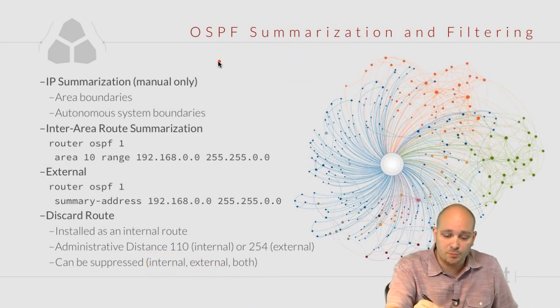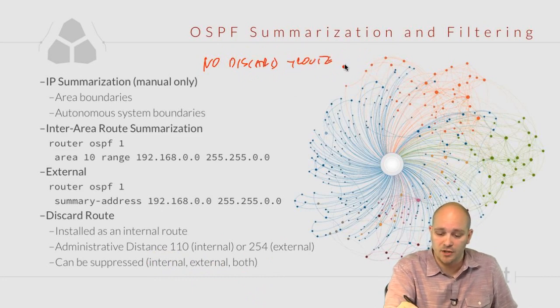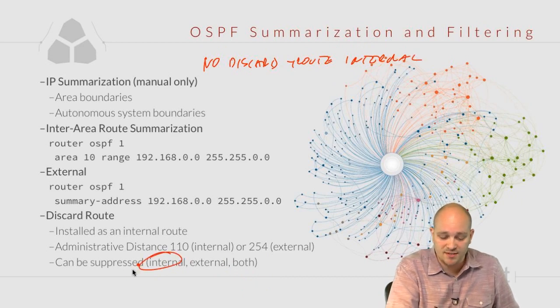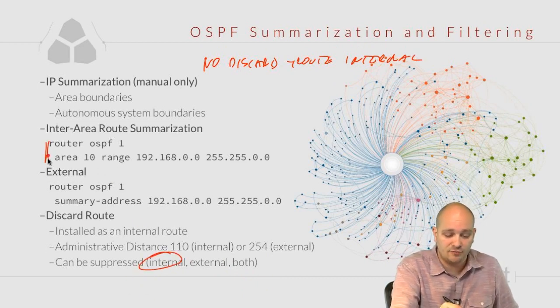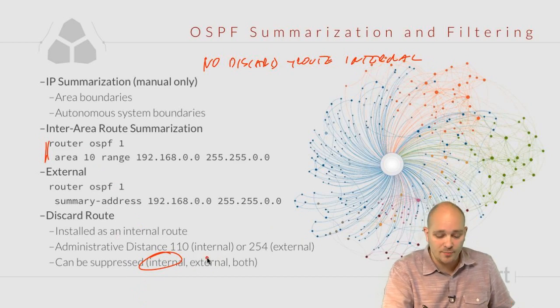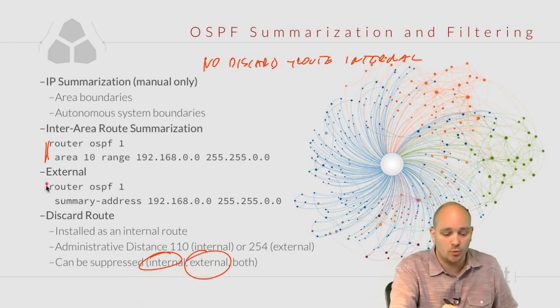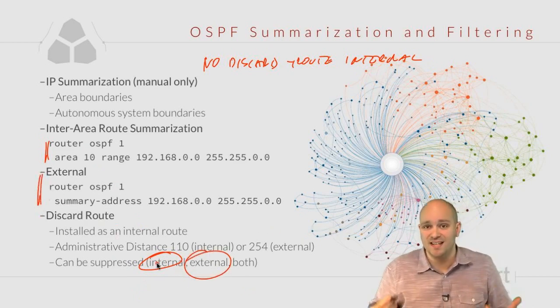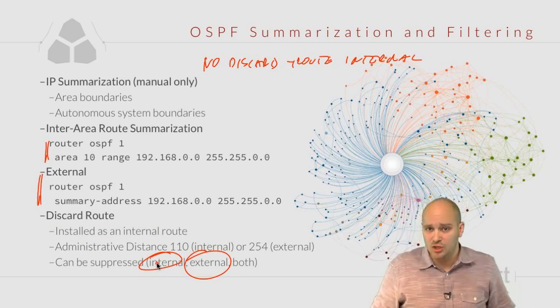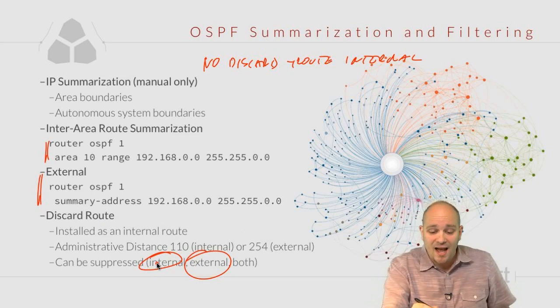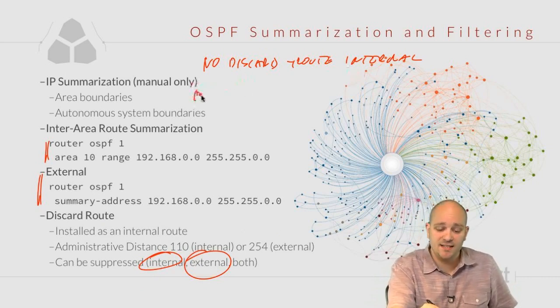But I can also specify, for example, no discard-route internal, and in that case I will suppress only the discard route that is the result of the internal summarization configuration. Similarly, with the external keyword, I can suppress the discard routes generated when I perform an external route summarization.